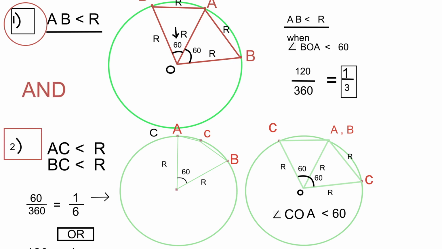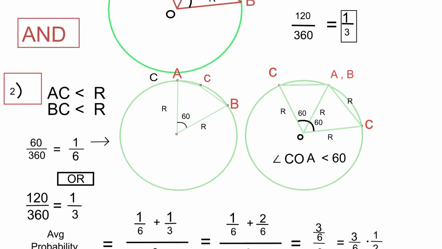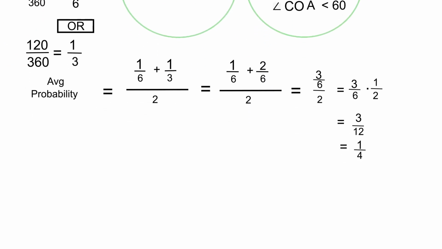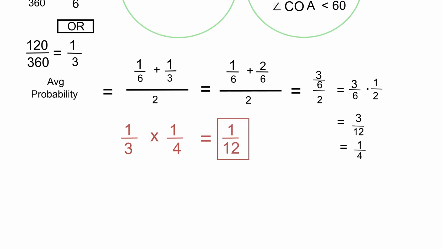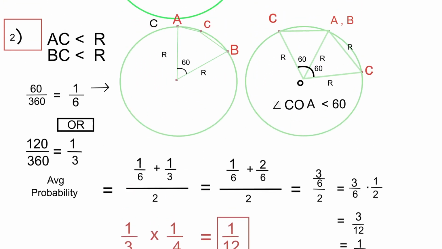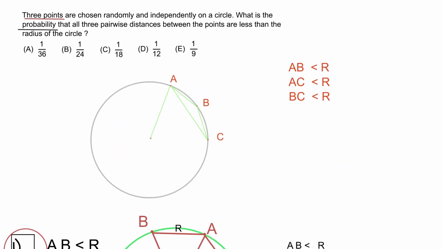If you have to combine with the and in a probability question, you multiply the probabilities. So we have to multiply 1/3 and 1/4 to get the final overall probability, and that gives you 1 over 12. So this is the answer to the question, and that would mean number 25 is D.